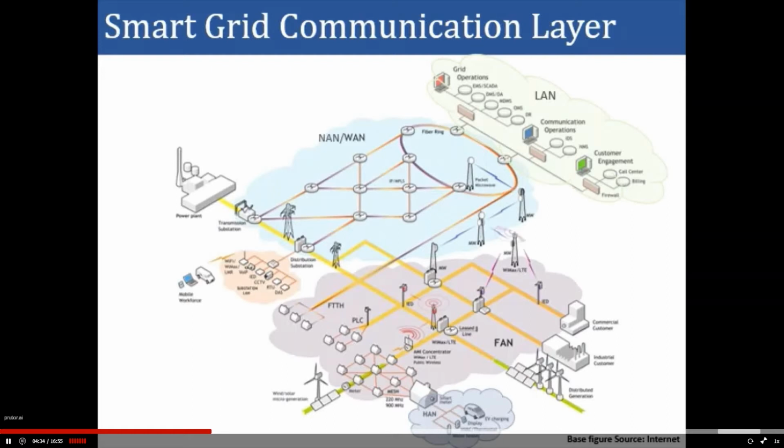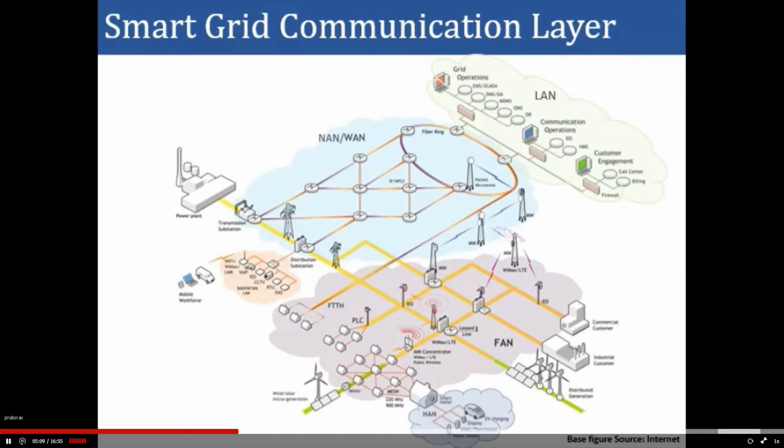So various possibilities are there to create the wide area network or the neighborhood area network for sending the data from the substation to the control center. Now the data can be shared with the help of optical fiber or maybe wireless using GPRS, 3G, or maybe Wi-Fi if the substation is nearer to the control center.